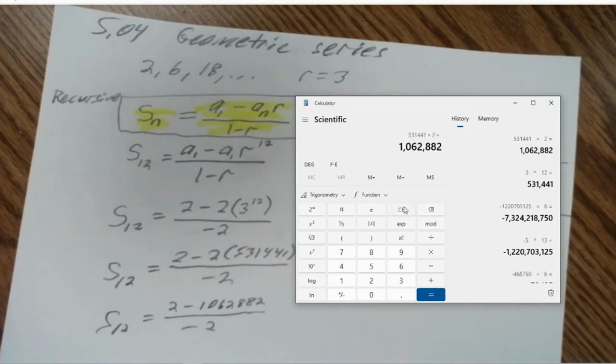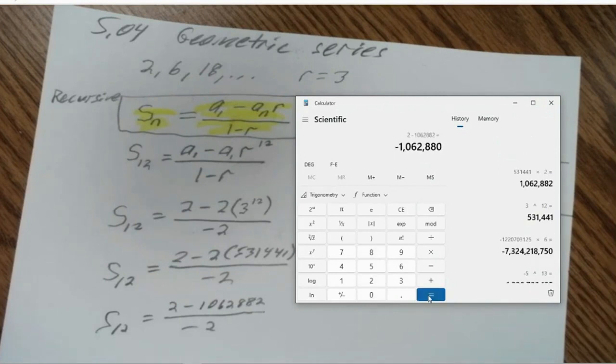Okay, let's do this in our calculator. 2 minus 1,062,882. So what does that equal? That's what that equals. And then we divide that by -2.